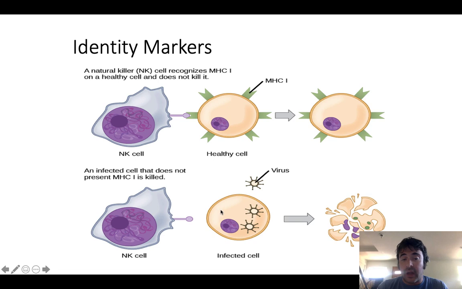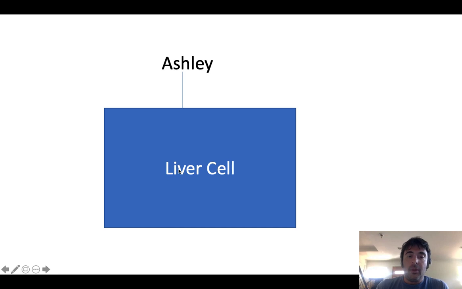And now the white blood cell can recognize the infected cell, so it's going to destroy that infected cell because it no longer has the ID necessary to keep these white blood cells happy. So when you think about this, MHC markers are like little tags that have your name genetically, right?